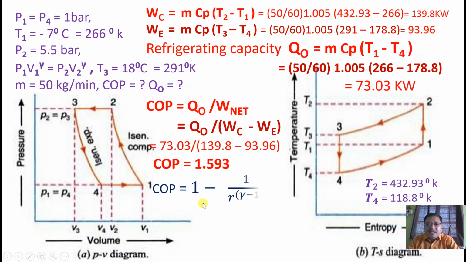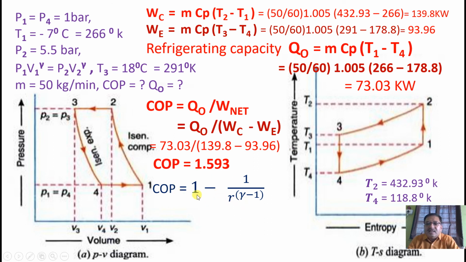COP has no unit. Now you can find the COP by this general formula, which is special for the Bell-Coleman cycle when both compression and expansion are isentropic. When both are isentropic, we use gamma here; otherwise you put the value of n, but n should be the same for compression and expansion.